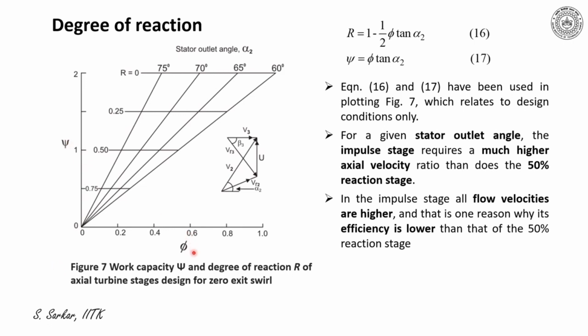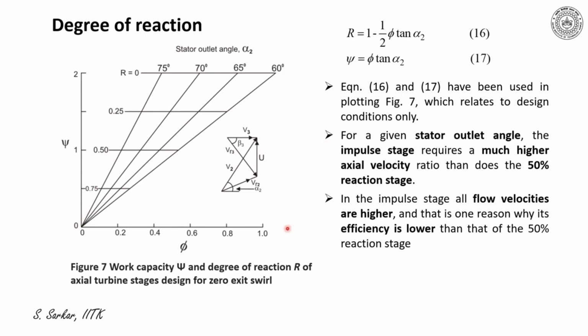So this is the psi-phi relationship for different values of r and for different stator outlet angle alpha 2. What it shows is that for given stator angles, the impulse stage requires a much higher axial velocity ratio than the 50% reaction stage.